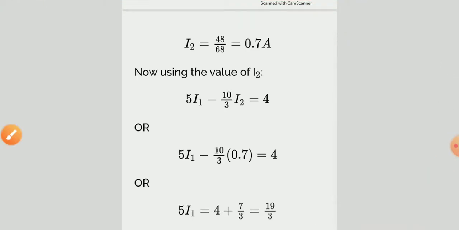Now using the value of I2, if we put it in equation 1 or 2, we find 5I1 minus 10 over 3 into I2 equal to 4. In this equation we put the value of I2.